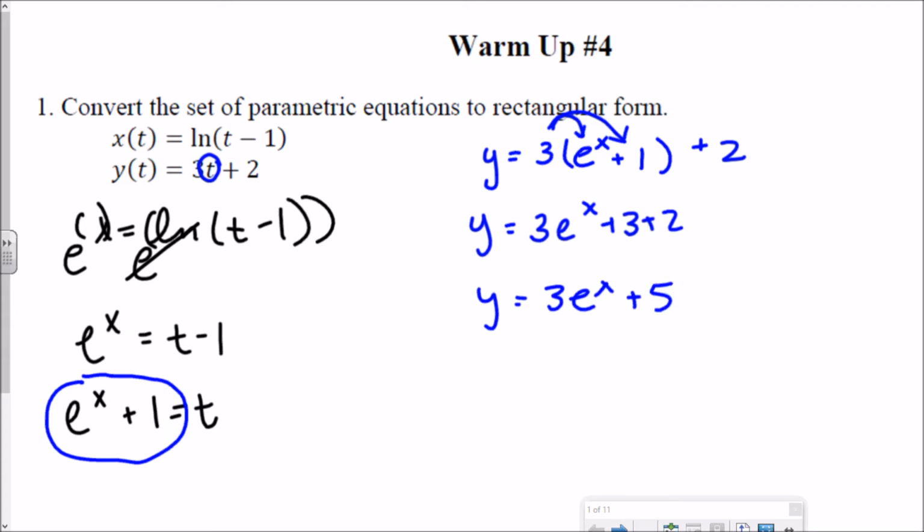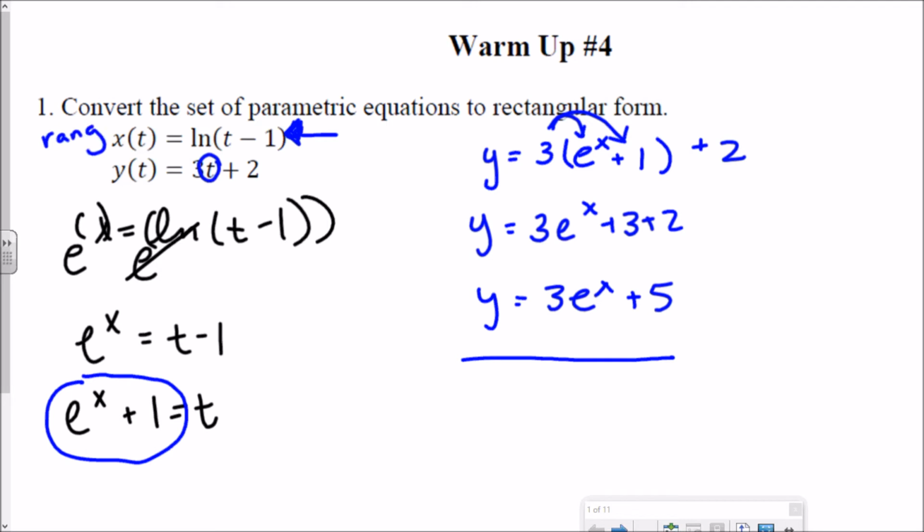Okay, the next thing you should really think about is domain restrictions. So remember, to tell if this function has a domain restriction, you should go back and look at your x function. What's the question you should ask? What is the range of my x function?